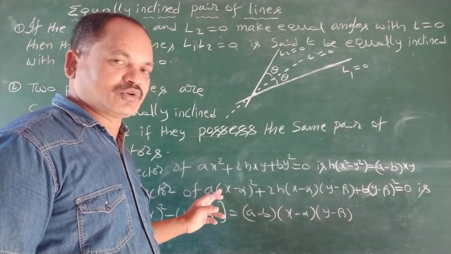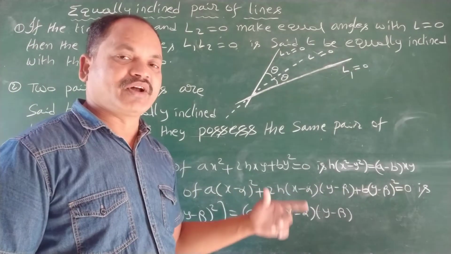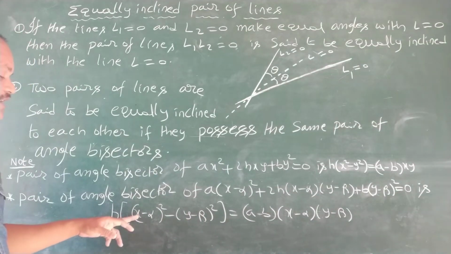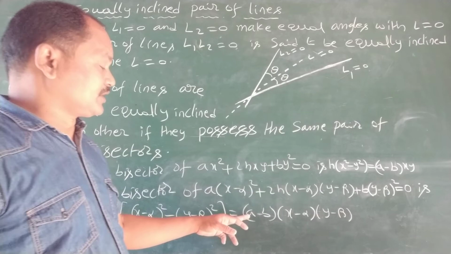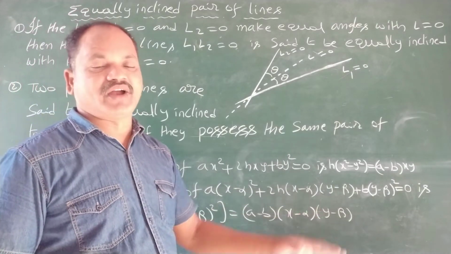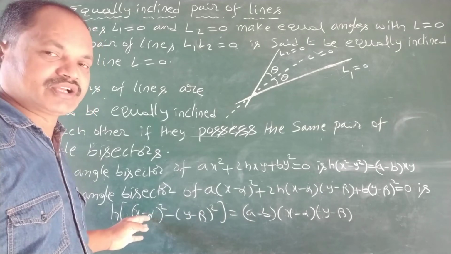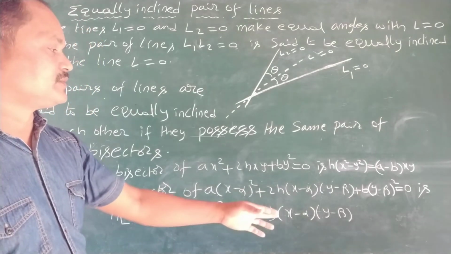It is not passing through the origin, since this passes through the point (alpha, beta). For this one, the pair of angle bisector equation is h into ((x minus alpha) whole square minus (y minus beta) whole square) is equal to (a minus b) into (x minus alpha) into (y minus beta). Suppose in place of (alpha, beta) we take (0, 0), then h into (x square minus y square) is equal to (a minus b) into xy, like this.